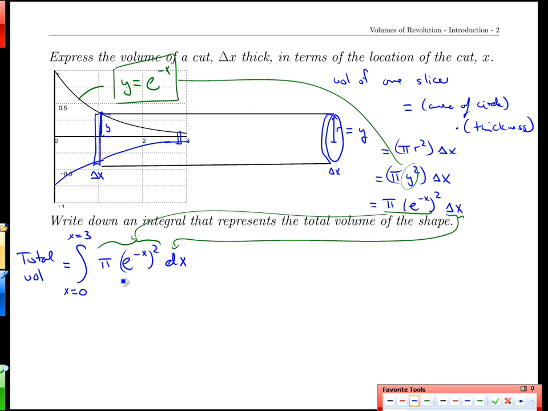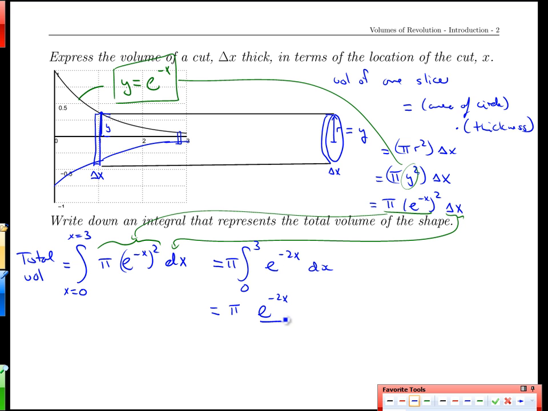The next step is simply to evaluate that, and that's fairly straightforward again. The only thing you have to remember is what nested powers do. The pi can come out front, but e to the negative x to the power 2, we get by multiplying the exponents and keeping everything else the same. E to the negative x squared is the same as e to the negative 2x. Once we have that, we can evaluate the antiderivative of e to the negative 2x.